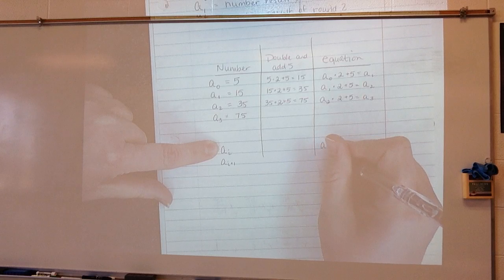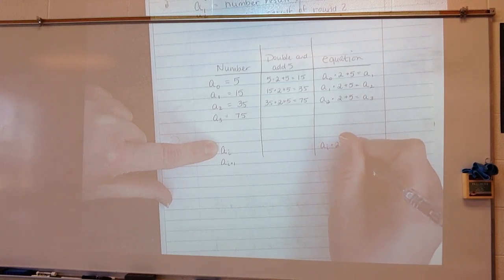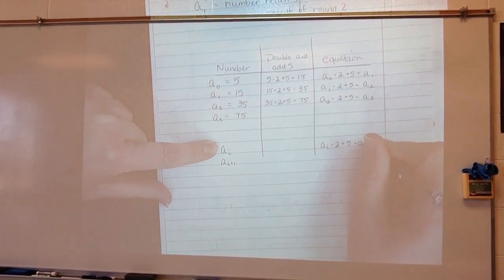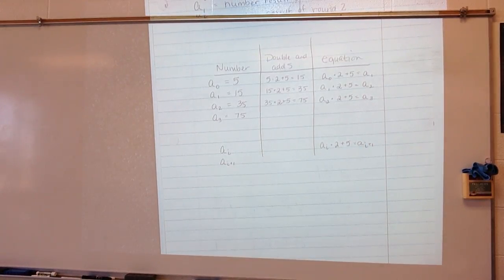I would have a sub i times 2 plus 5 is equal to a sub i plus 1. Alright? Okay. So, this is an example of a recursively defined sequence, or a recursive sequence. Alright? So, let's see if we can figure out how to use this.